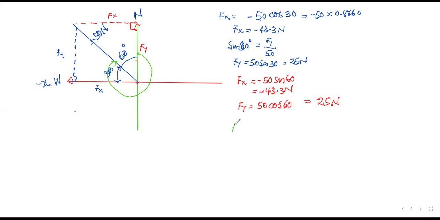So Fx can also be 50 sine 300 degrees and 50 cos of 300 degrees, and the value will still be the same. You have negative 43.3.